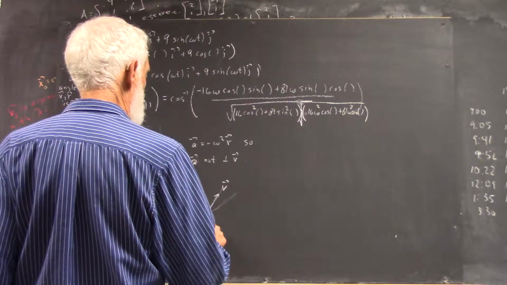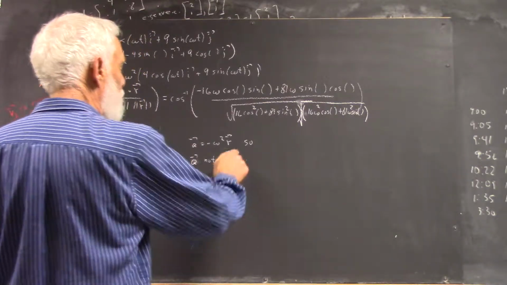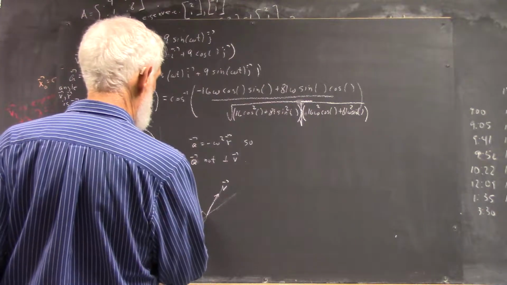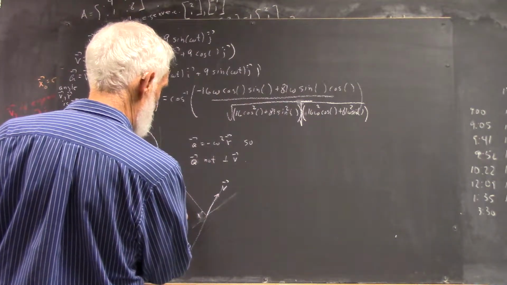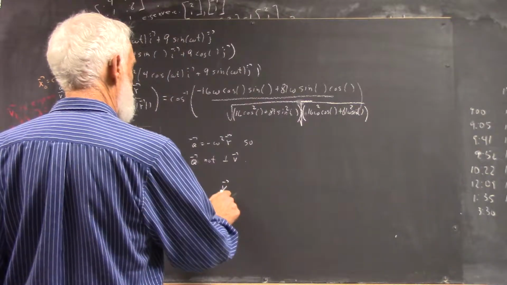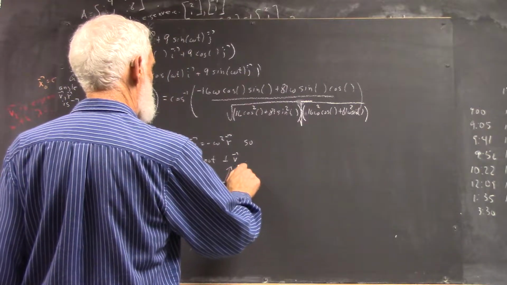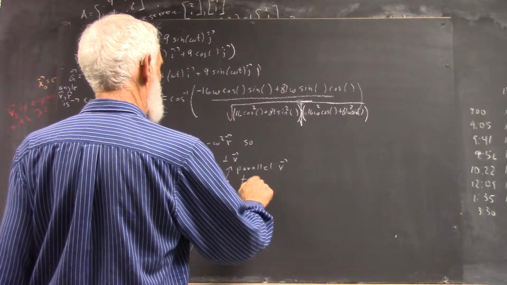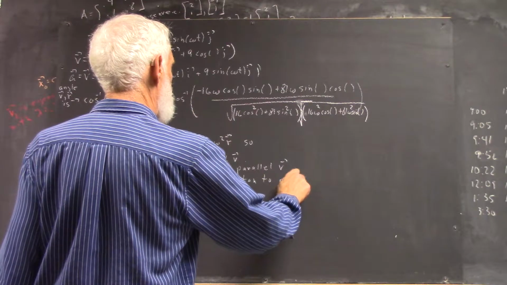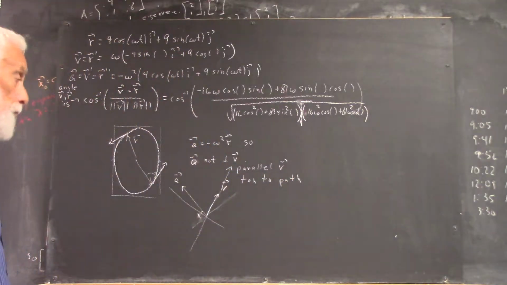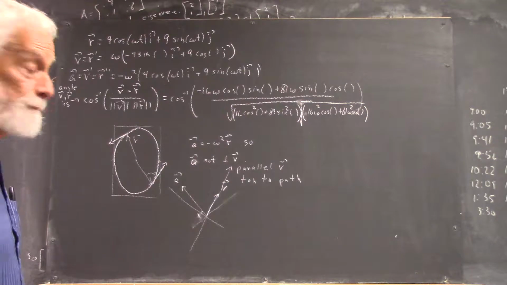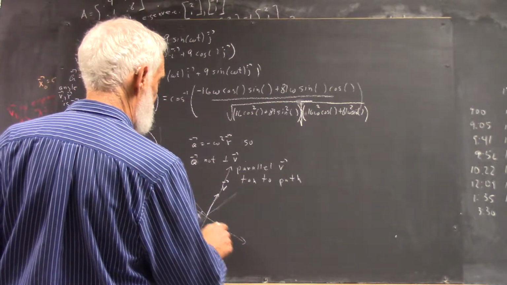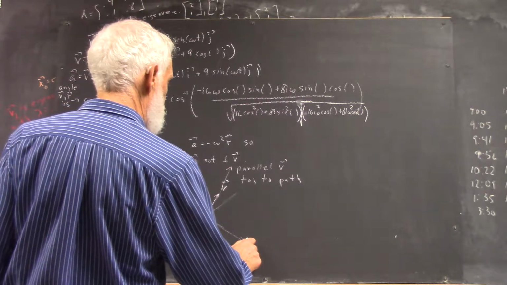So, sorry, we have a vector parallel to the velocity vector, and then we have the direction perpendicular to the velocity vector. Okay, so this is the direction parallel to V, which is also tangent to the path, right? And here's a direction perpendicular to V.